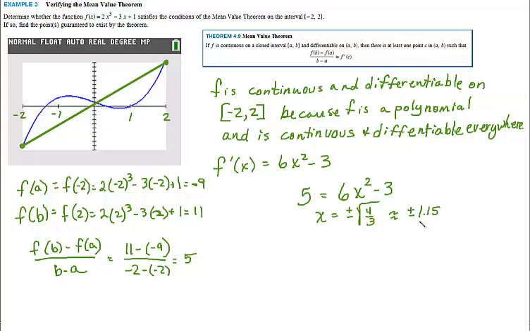One at 1.15, which should be right around in here, and another at negative 1.15, so right around in here somewhere. So let's get these lines and see if it looks like it's right around in there. Yeah, it does. Get the other one. Yep, there they are. Lovely.